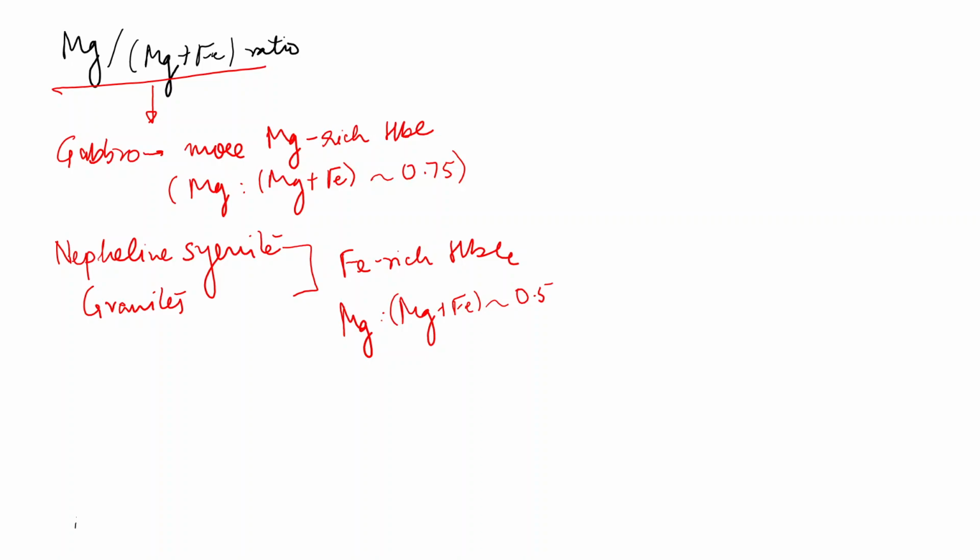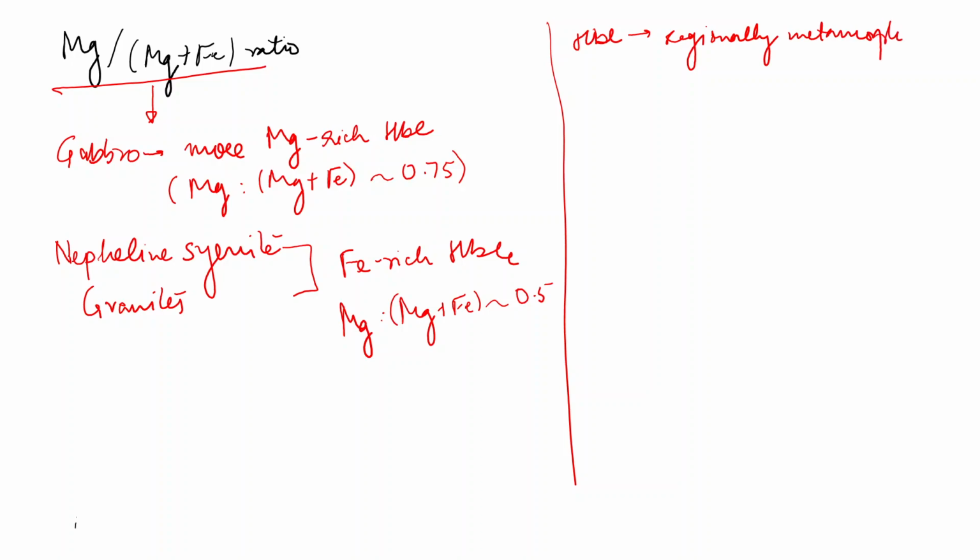Now once we are talking about the metamorphic rocks, hornblende is one of the most common constituents of regionally metamorphosed basic or ultrabasic rocks, and it is stable under a wide range of pressure and temperature conditions.